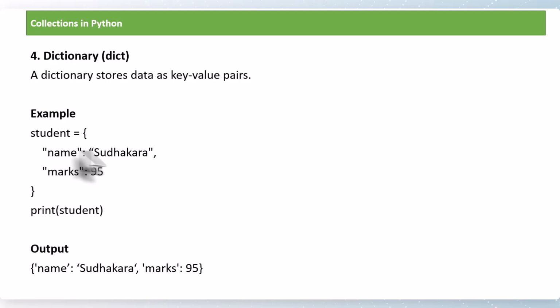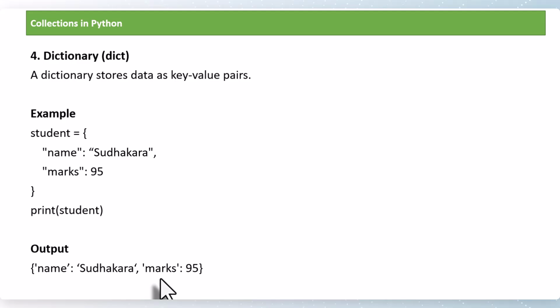You can see the items. Each item is a key colon value pair, and each item is separated with a comma. Now we have 2 elements or 2 items in this dictionary. When you print this student object, it is going to print all the items present in the dictionary.